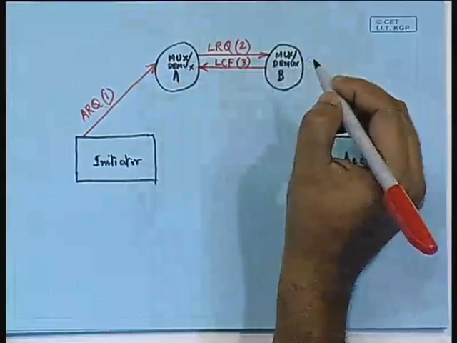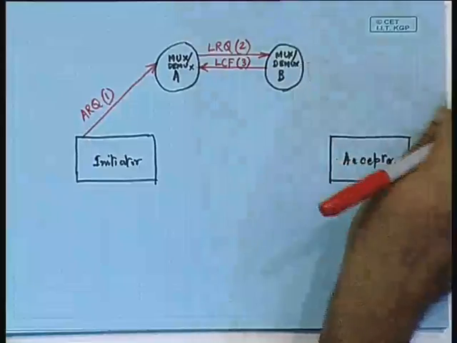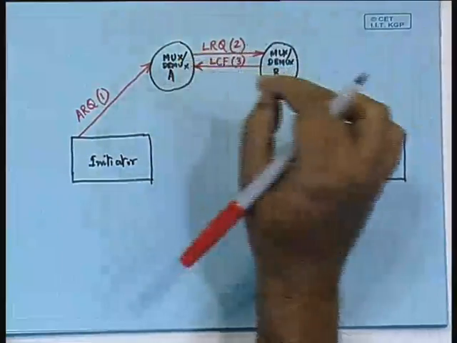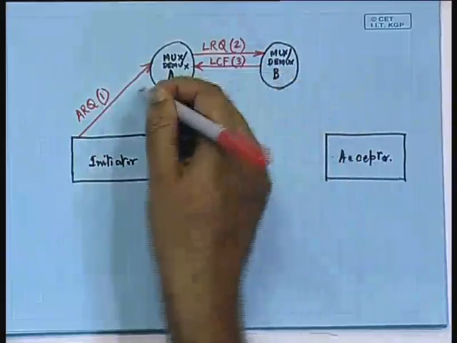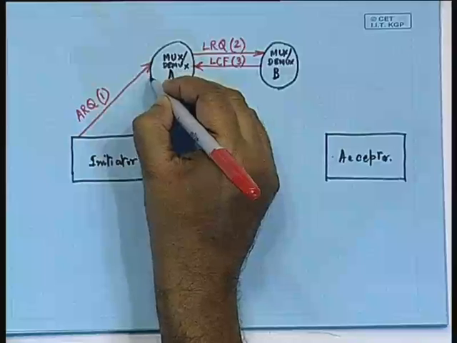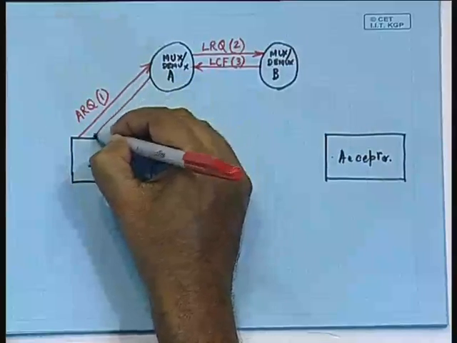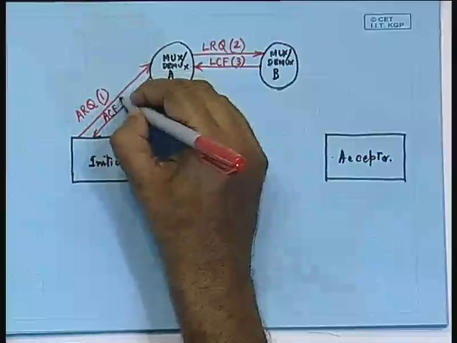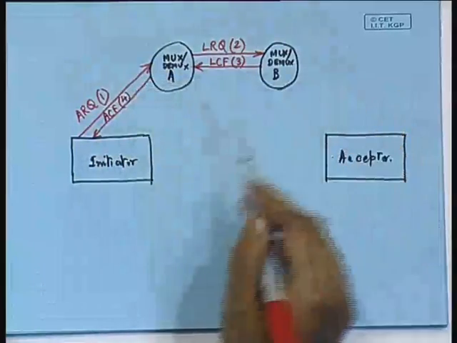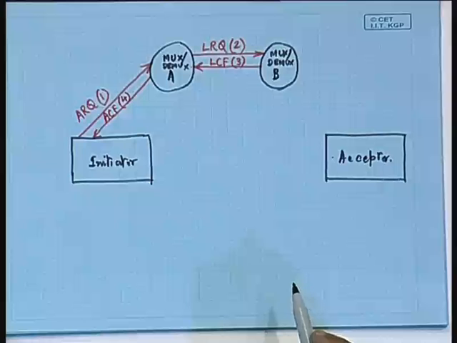It comes from B to A. Now, the multiplexer knows that the acceptor has been located. Once the acceptor has been located and it has verified the authenticity of the initiator, it sends an admission confirmation, or ACF, as step number 4.